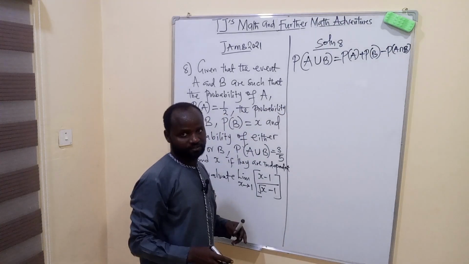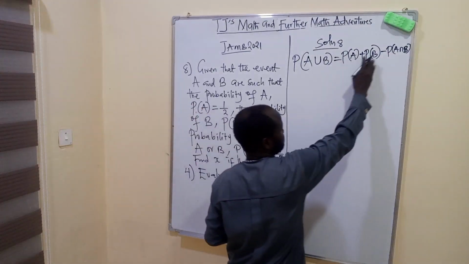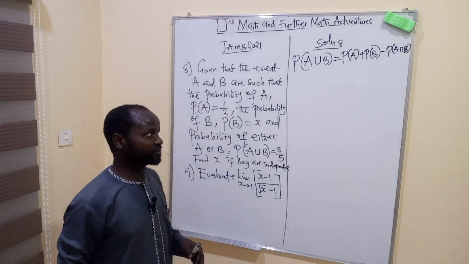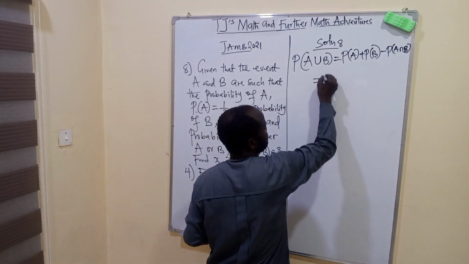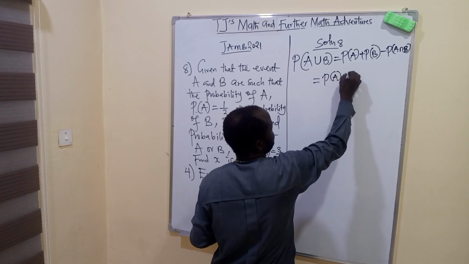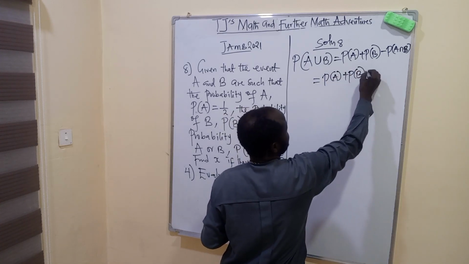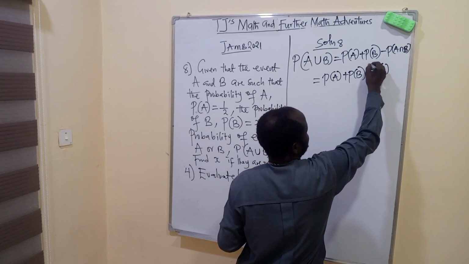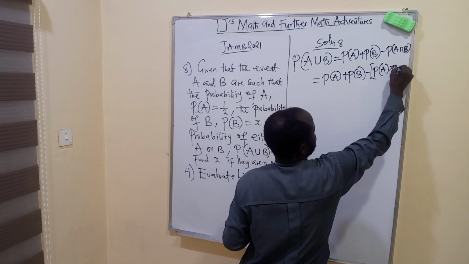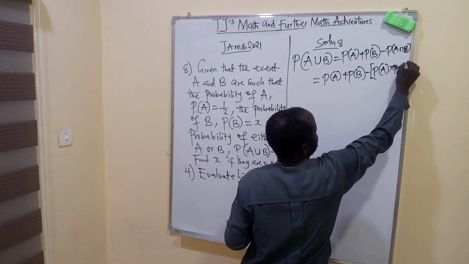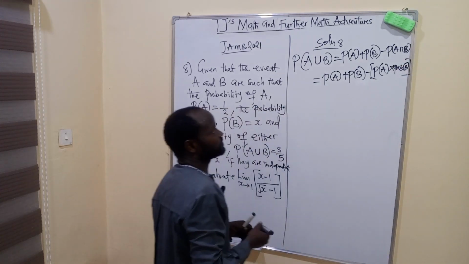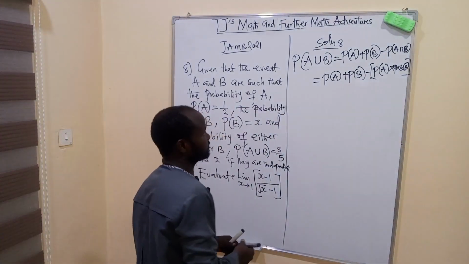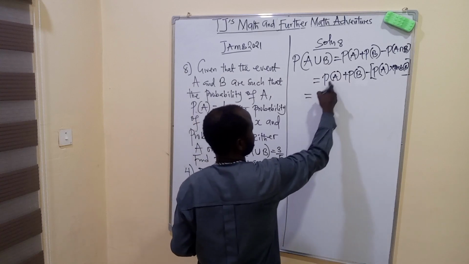And A intersect B, for independent events, is the probability of A times the probability of B. Okay? So this will be the center from the question.